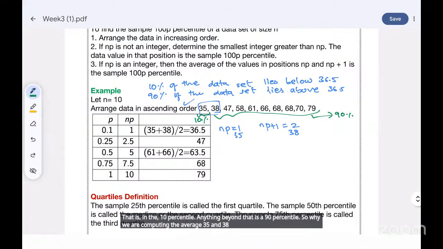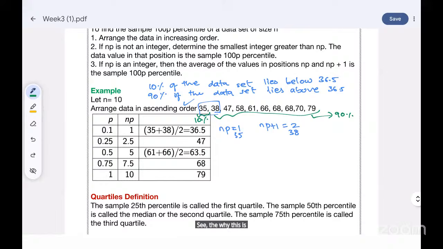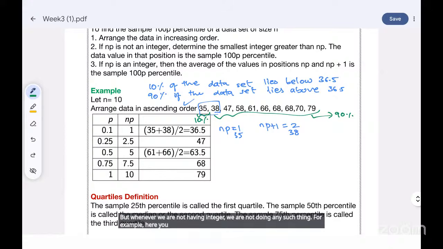See, just like we are doing the median formula, n by 2 and n by 2 plus 1 for even and n plus 1 by 2 for odd, a similar kind of reason. So here, whenever we have integers, we are able to do this. But whenever we do not have an integer, we are not doing any such thing. For example, here you see for the second value, NP is 2.5.